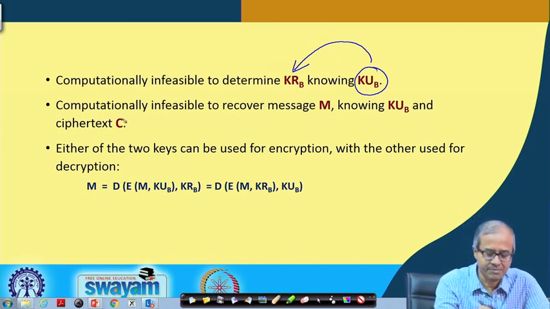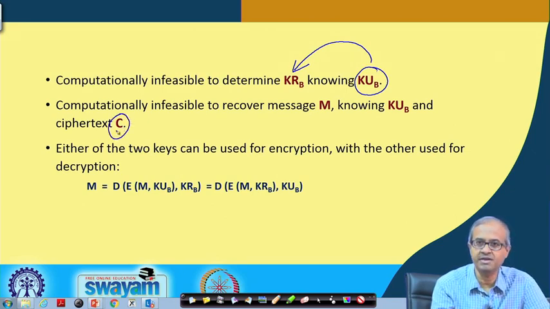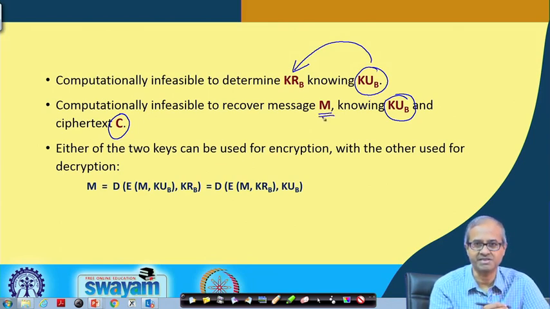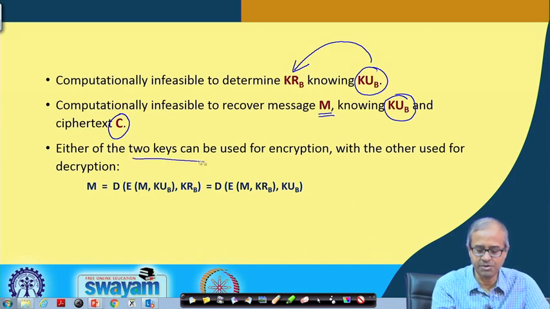Similarly, if I know the ciphertext and I only know the public key, but I do not know the private key of B, I cannot decode it back, I cannot get back the message. This is a requirement. And as I had said, the keys can be used in an interchangeable way. Either of the two keys can be used for encryption and the other for decryption, and you will get back the message.